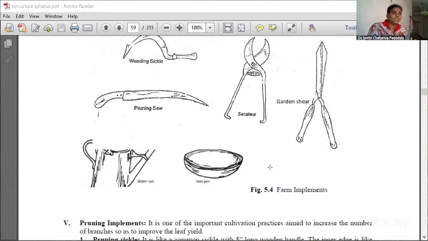After application, the fertilizer should be incorporated well into the soil by digging with a spade or forking with a digging fork for good results. This is a very important operation. Otherwise, the fertilizer would be wasted and would not be effectively utilized by the plant.